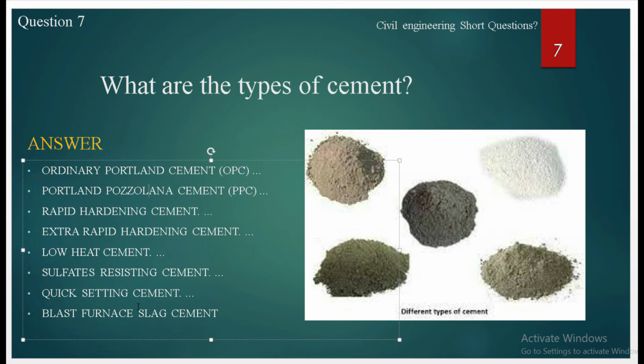And then we have the quick setting cement and the blast furnace slag cement, in which furnace slag is added to the mixture, about 30% of slag and 70% of cement. I believe that's what the ratio is. And these are the types of cements which we usually have in the market. And then according to the work that needs to be done, the proper type of cement is selected.